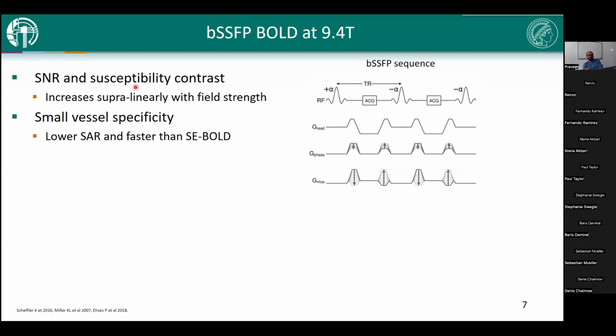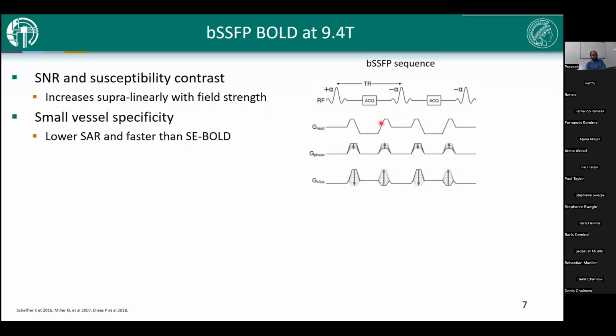Since spin echo is very much dependent on the susceptibility effect, it helps SSFP bold as well. And since we use smaller flip angle pulses, we are very much suited for ultra high field, compared to spin echo bold, which is usually very slow.